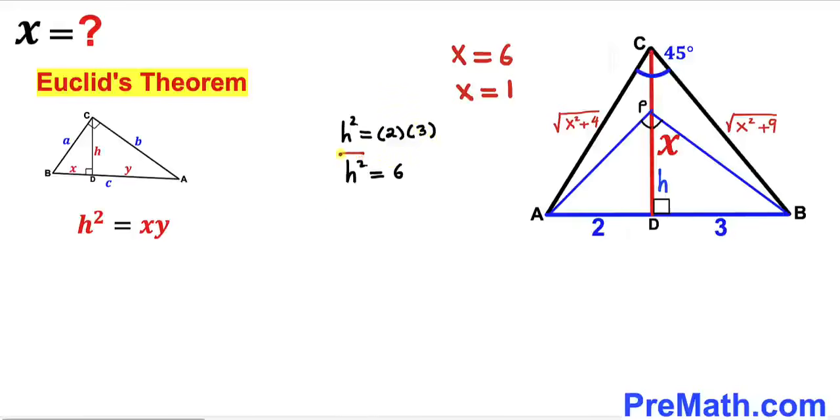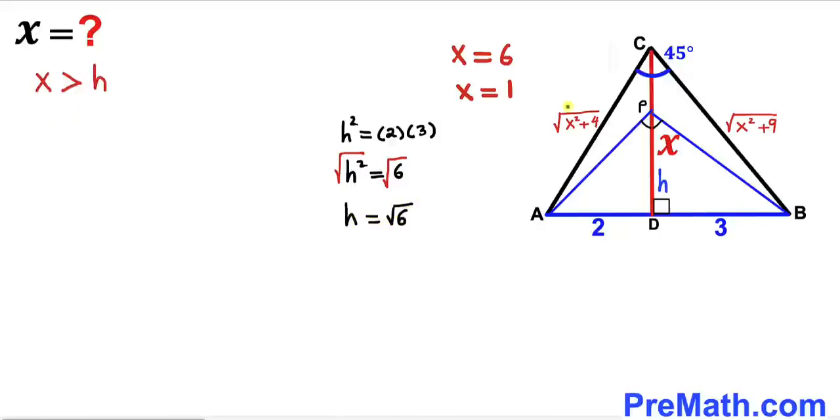Let's undo this square by taking a square root on both sides. So therefore our h value is going to be equal to square root of 6. And now let's make an observation. We can see that this whole x length is CD and this height h is PD.